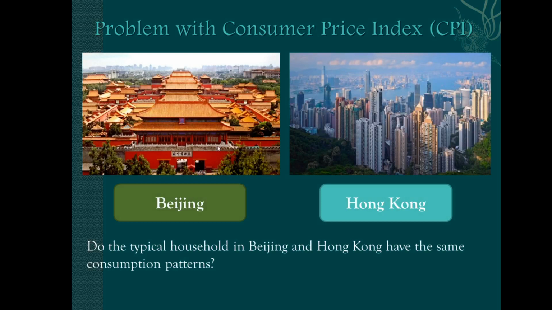So think about this, right? We all have typical households here. In Beijing we have some typical households, but in Hong Kong we also have some typical households. But they don't always have the same consumption patterns. So why not? We are all from China, so why not?